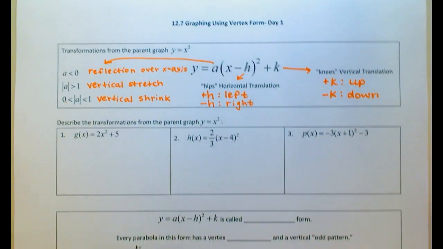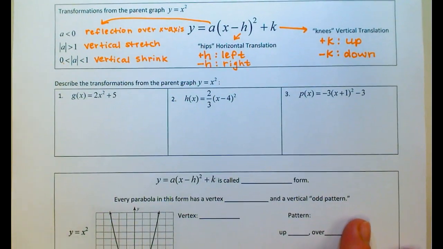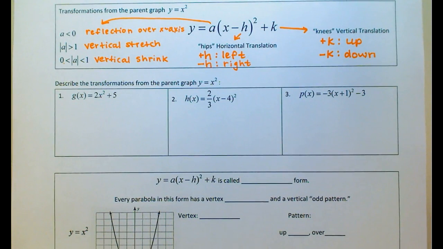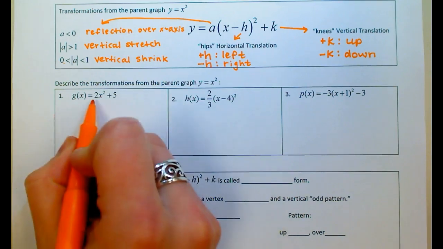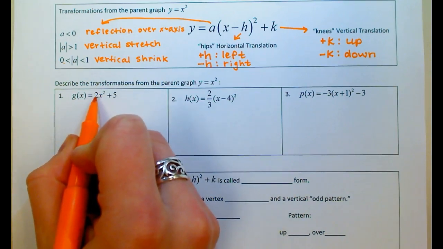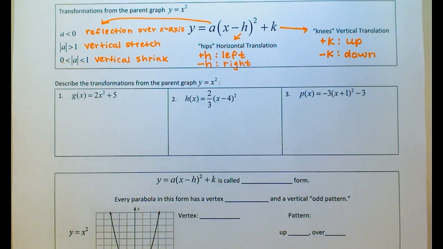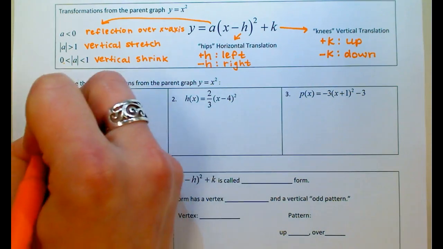So let's go ahead and talk about these transformations from the parent graph y equals x squared. Our first one we can notice is 2x squared plus 5. Our a value of this problem is equal to 2, so we have a vertical stretch by a factor of 2.